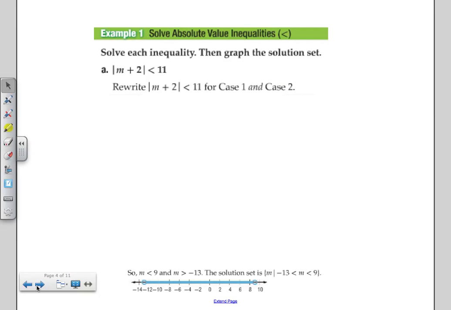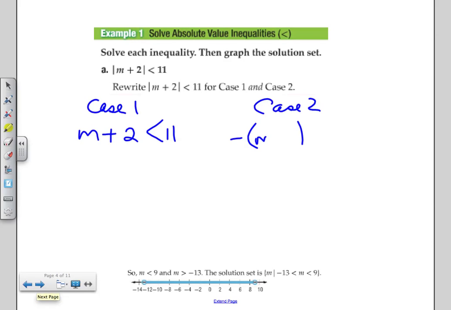Solve each inequality, then graph the solution set. Okay, so here we have the absolute value of m plus 2 is less than 11. We're going to have to write case 1 and case 2. So we're going to say m plus 2 is less than 11, and we're going to say negative (m plus 2) is less than 11.